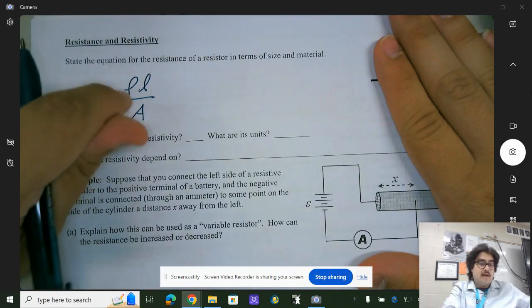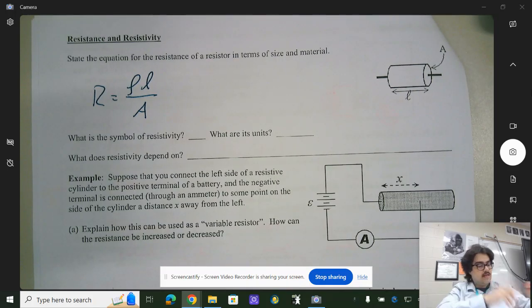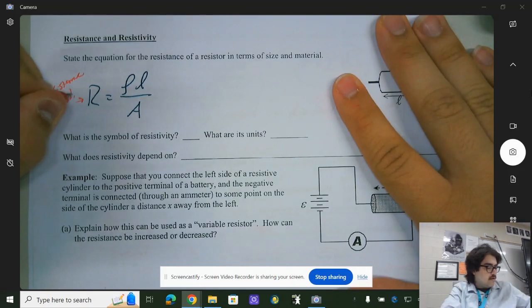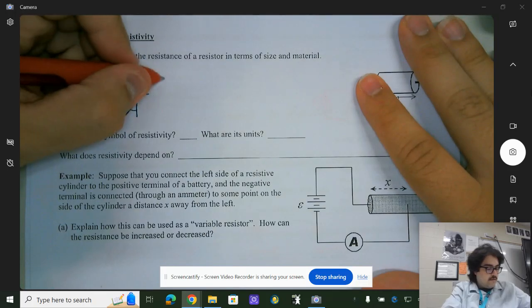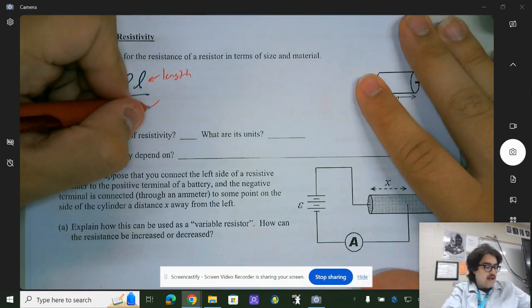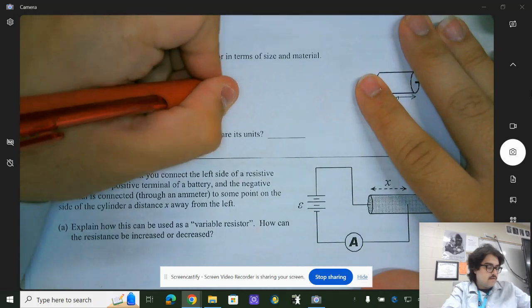You may not recognize what rho is, and I'm going to explain it in just a minute. R is the resistance of the object. L is the length. And A is what we call the cross-sectional area.